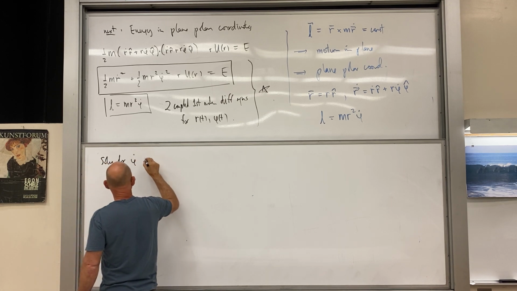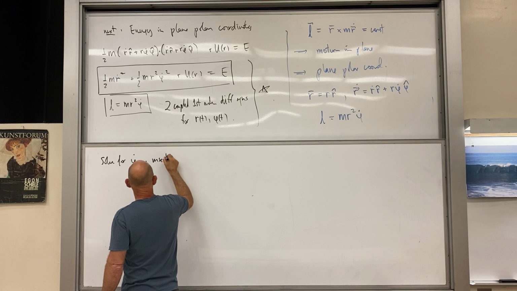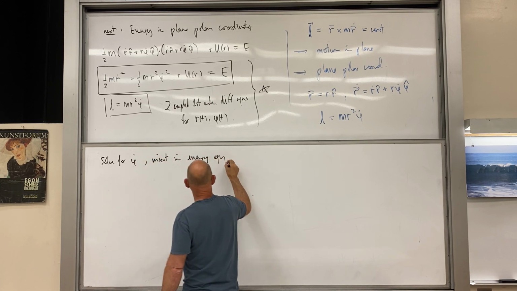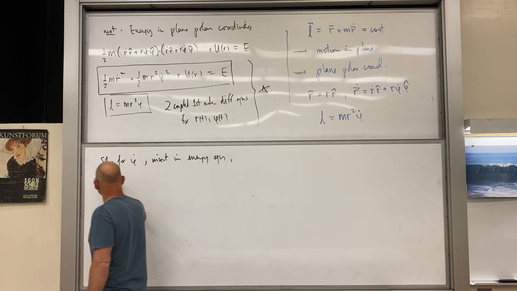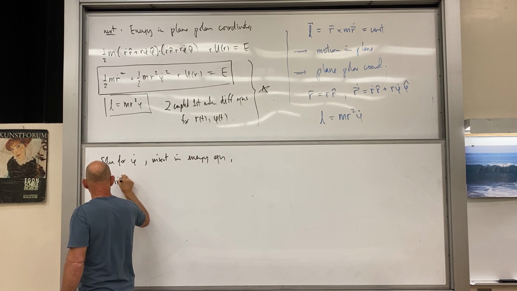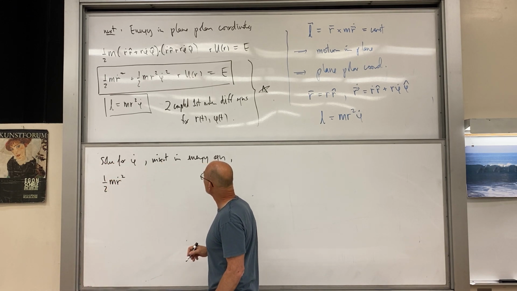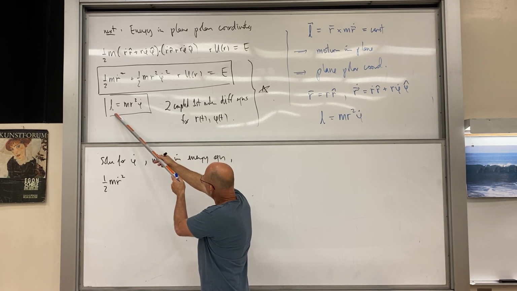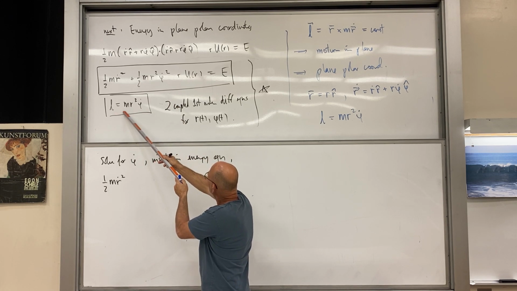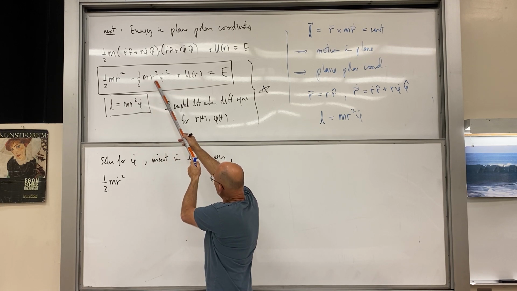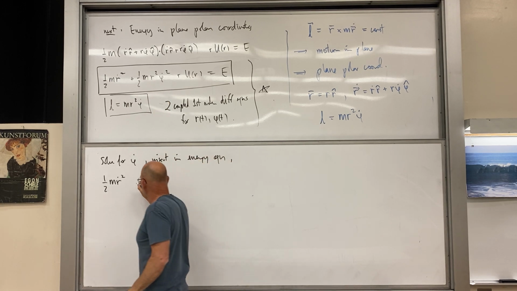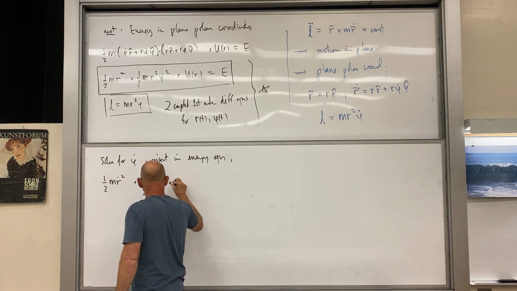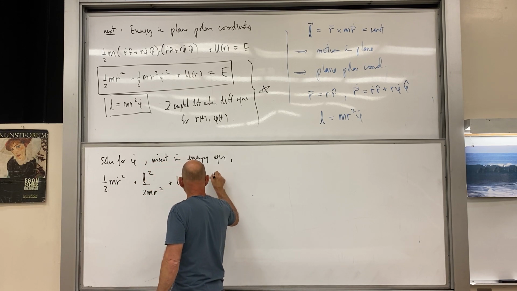Solve for phi dot, insert in energy equation, and what do we get? We get 1/2 m r dot squared. Now this phi dot, when we square it, we're going to get L squared, and r to the fourth is going to cancel the r squared, so we end up with plus L squared over 2 m r squared plus U of r is equal to E.